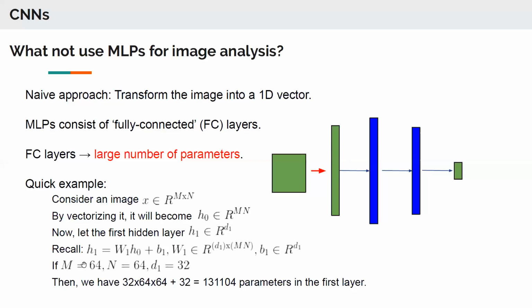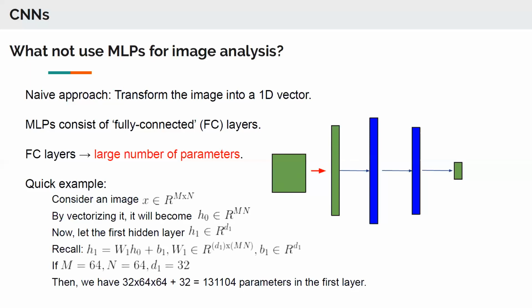If we substitute these numbers, say the image is 64 by 64 and we want 32 units in this hidden layer, then we end up having this number of parameters already in the first layer. This is already a very big number, right?